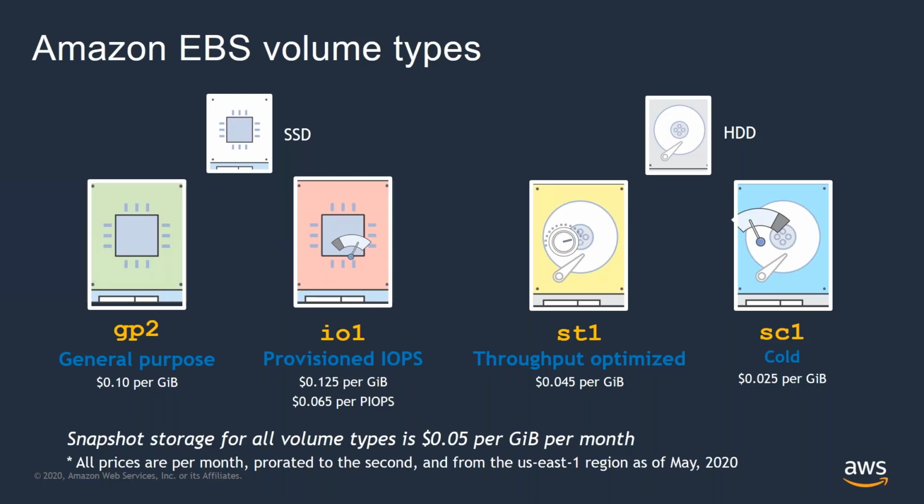And SC1 is also spinning disk that is good for low sequential throughput. I have some customers who target SC1 for their backups as well. So picking the right EBS volume is also a key for your better SQL Server environment.